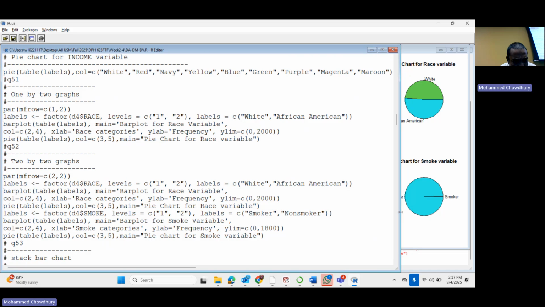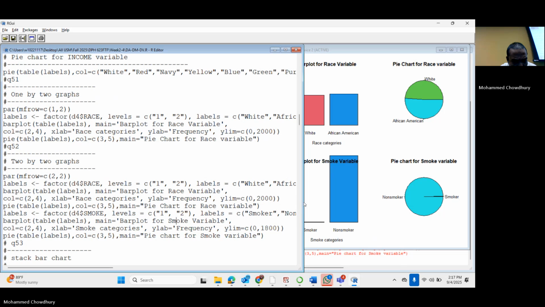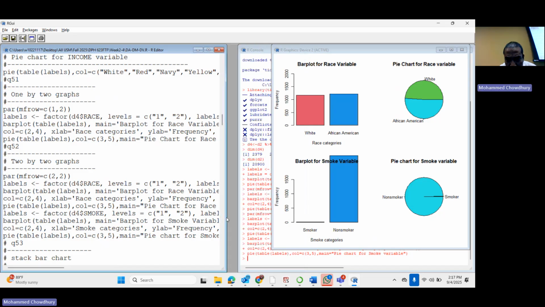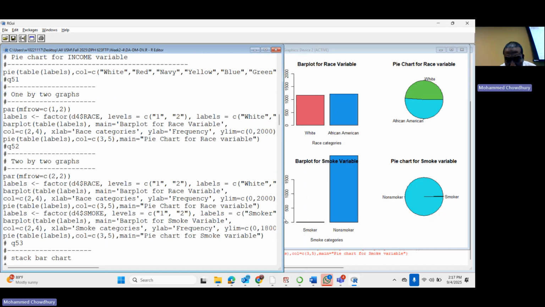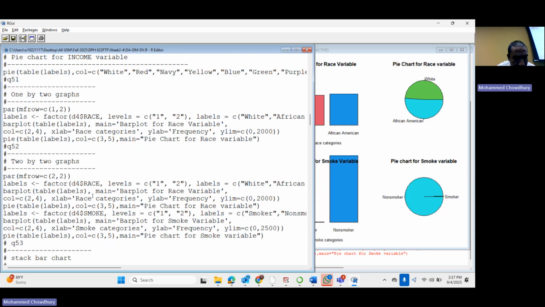Okay. It's a bar plot. Y limit, instead of 1800, I should put here 25.